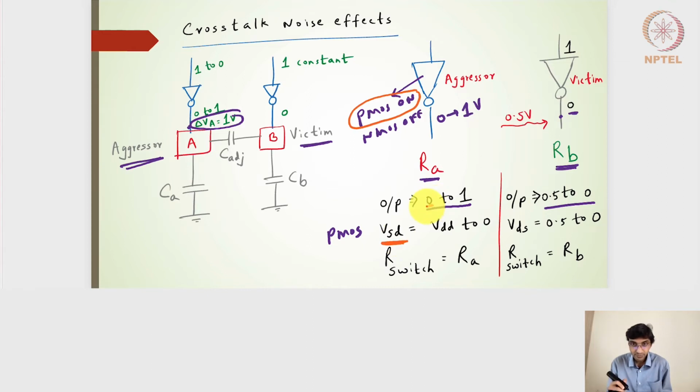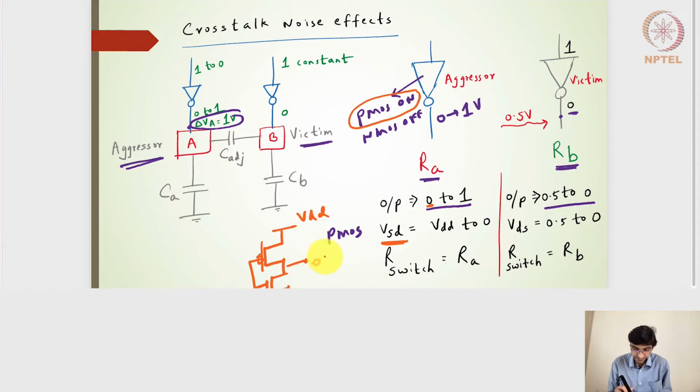So the VSD of the PMOS, let me draw the PMOS circuit and then the NMOS circuit. Let's say that this is my driver on the A side, and this is my output on the A side. The output is changing from 0 to 1. So the source here, the drain here and the gate here, right?